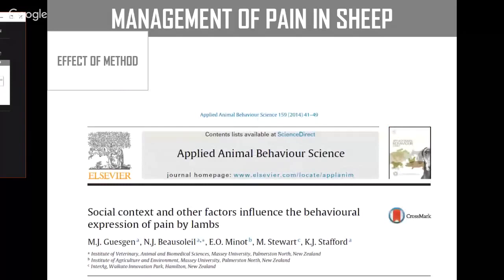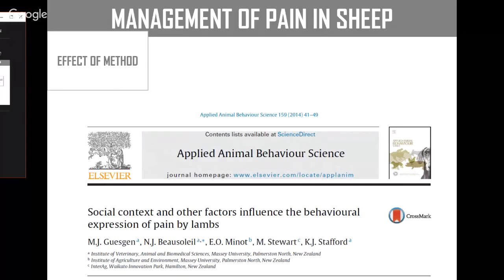And just to end up with this issue of how we do things, like castration and tail docking, I would like to draw your attention to this paper, which I think is a fascinating one, really interesting. We have known for many years about the social modulation of the stress response, so whether stress is modified by the presence of conspecifics, and now we have evidence showing that pain perception is also modified by the presence of conspecifics.